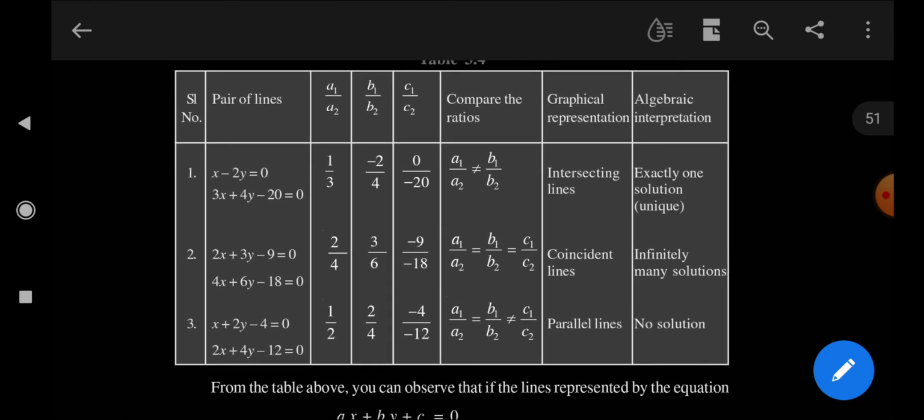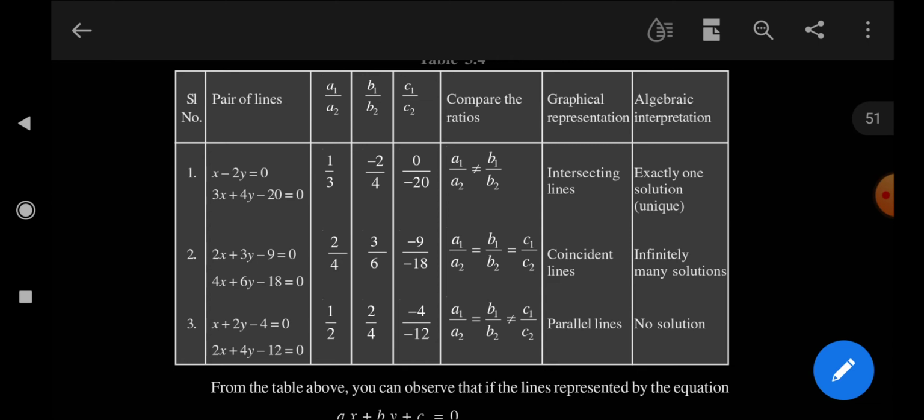Graphical representation and algebraic representation. So here the two equations x minus 2y is equal to 0 and 3x plus 4y minus 20 is equal to 0 give a1 upon a2 is equal to 1 by 3, and b1 upon b2 is equal to minus 2 by 4. Comparing the ratios, they are not equal.